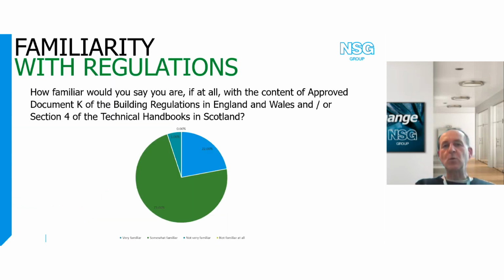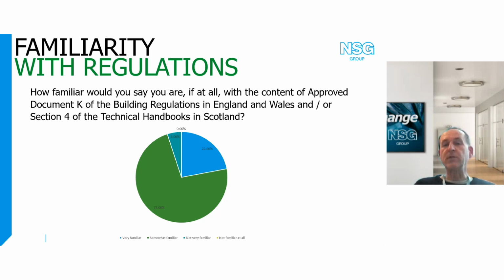Talking of regulations, we asked the following question in our survey. We said, how familiar would you say you are, if at all, with the content of Approved Document K of the building regulations in England and Wales, and/or Section 4 of the technical handbooks in Scotland? And we had 22% of architects and specifiers say they were very familiar with these regulations, and 73% responded that they were somewhat familiar.